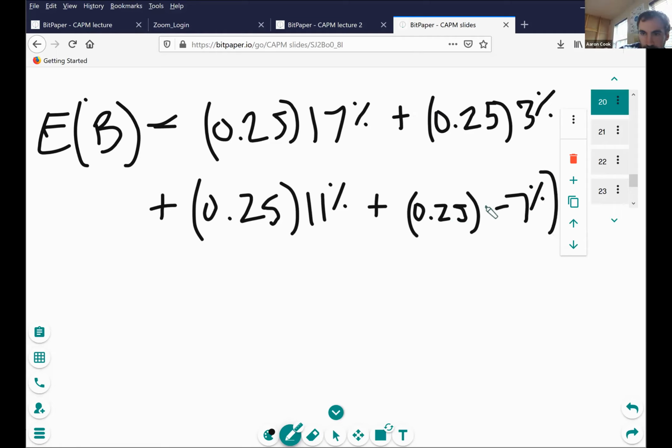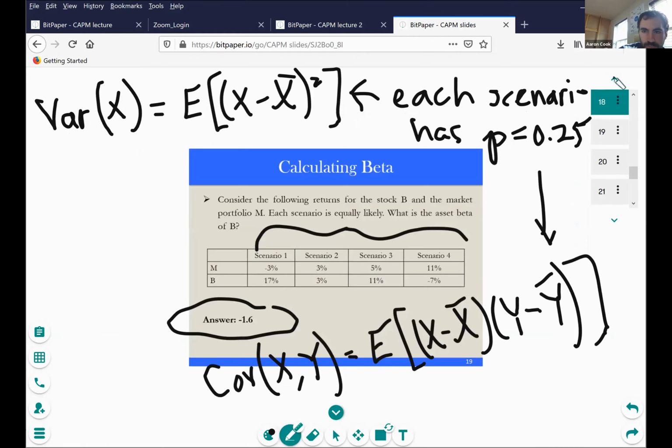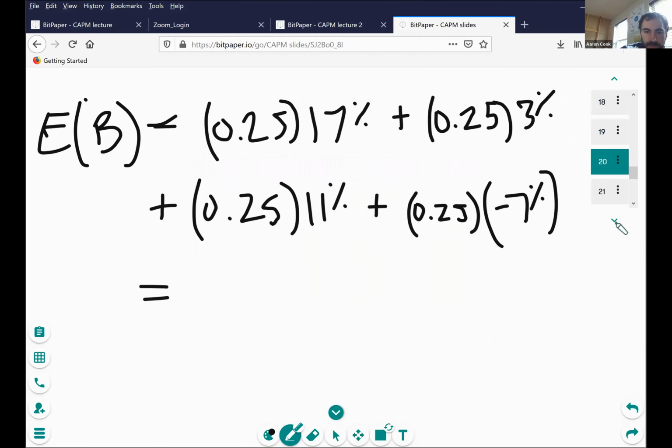This is just multiplying the value under each of these contingencies by a probability of 0.25, since each of these scenarios is equally likely. So that's what we get for expected values. In this case, this is going to be a 6% expected return for asset B.